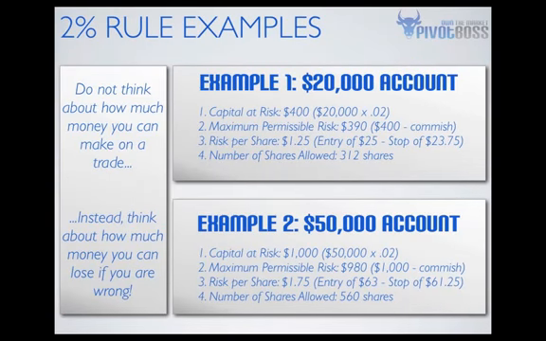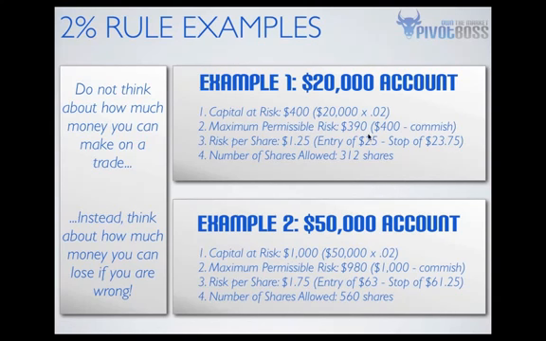So let's look at the 2% rule in terms of examples. Example number one is a $20,000 account. Capital at risk, 2% of that is $400. Maximum permissible risk is $400 minus commission and slippage. Let's say $390. Okay, that's your maximum permissible risk. Now your risk per share, that's your entry price minus your stop price. If you have an entry of 25 and your stop is 23.75, that means your risk per share is $1.25.